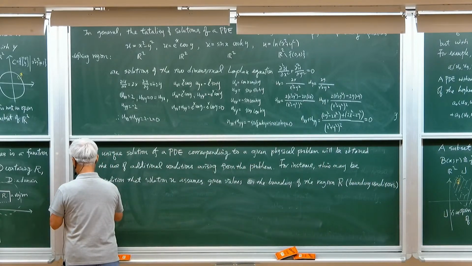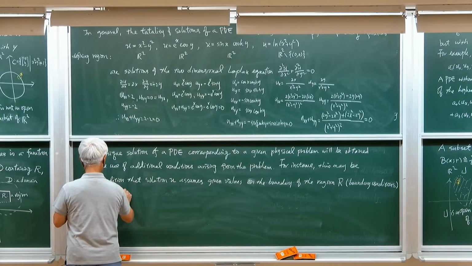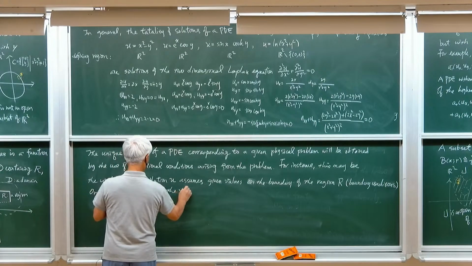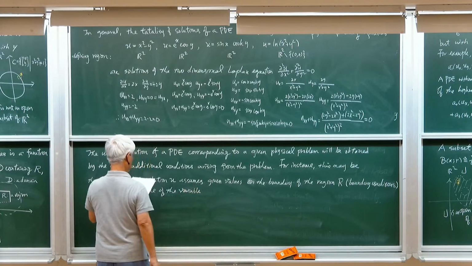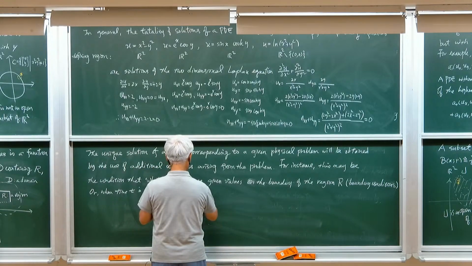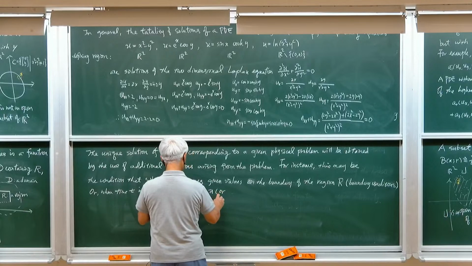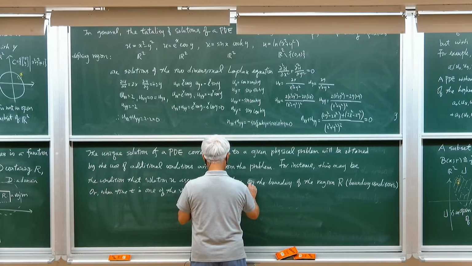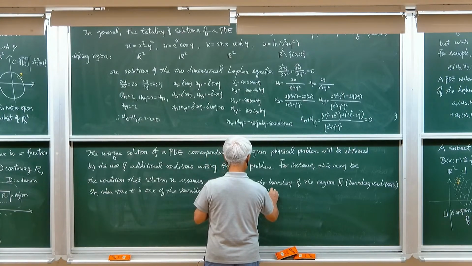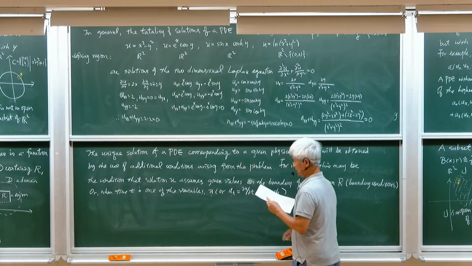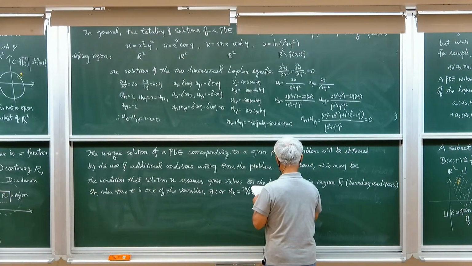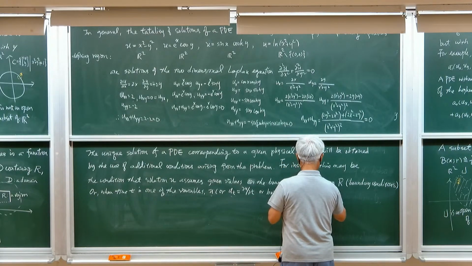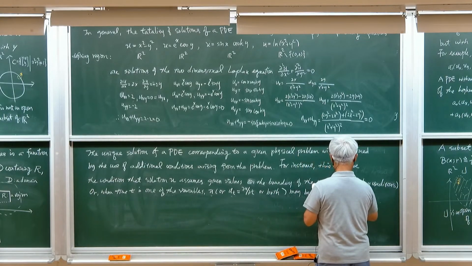Or when time t is one of the variables, for example, in the heat equation or wave equation, the u or the first order partial derivatives or both may be prescribed at time equal to 0.